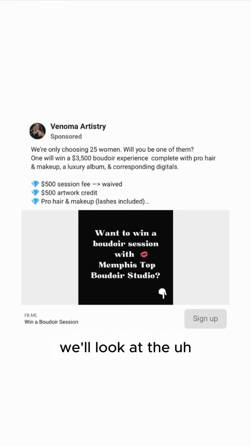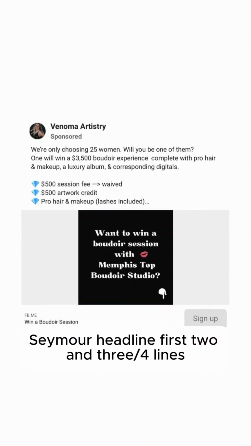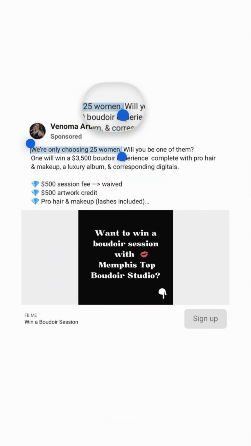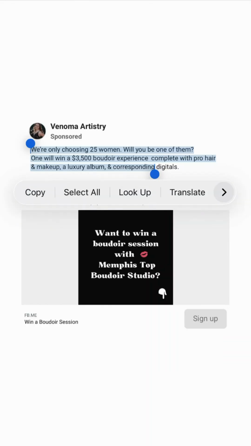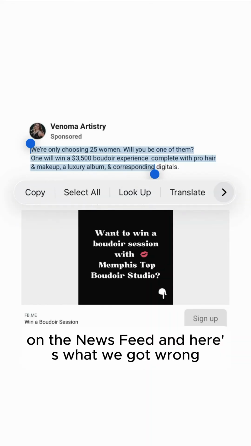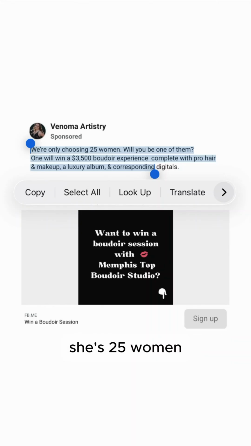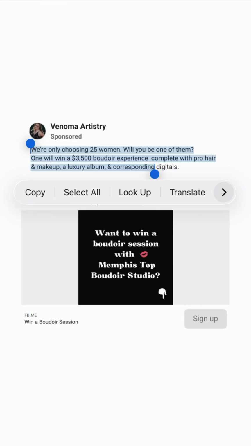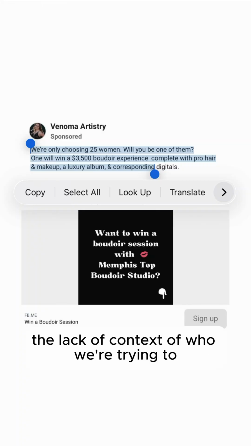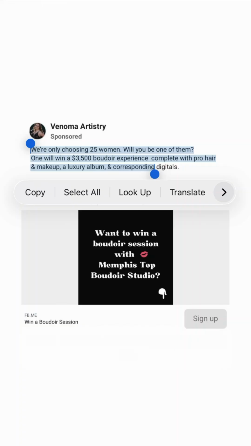Finally, we'll look at the see more headline. First 2 3/4 lines, Facebook newsfeed mobile. It's the only thing women are actually going to see on the newsfeed. And here's what we got. We're only choosing 25 women. All right, so this is a lack of context mistake. The false belief is that we have a lack of context of who we're actually speaking to.